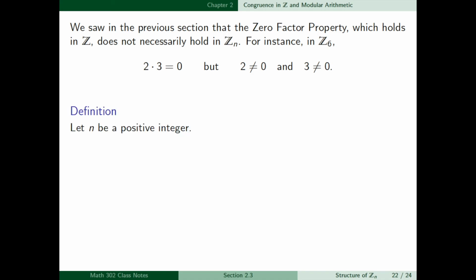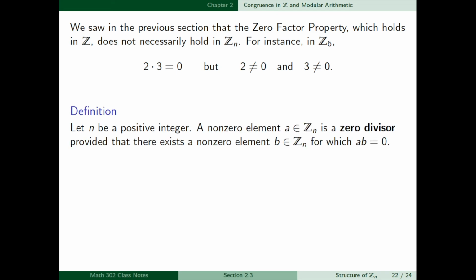So for another definition, let n be a positive integer. Then a non-zero element a in Z sub n is a zero divisor, provided that there exists a non-zero element b in Z sub n for which a times b is 0. Now, since a times b equals 0 implies b times a is equal to 0, then b is also a zero divisor.